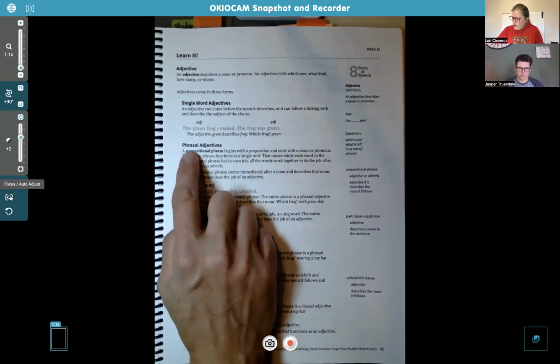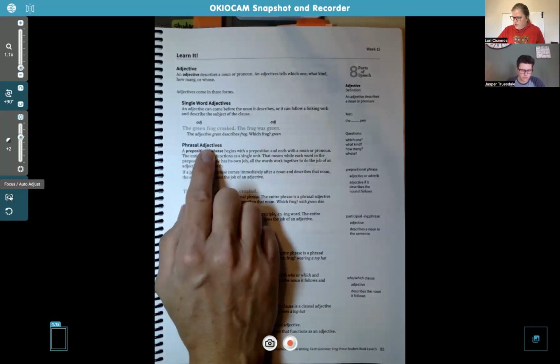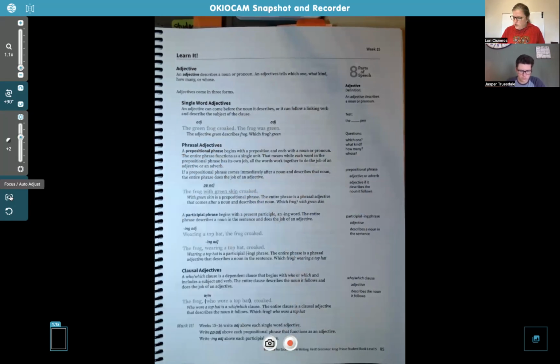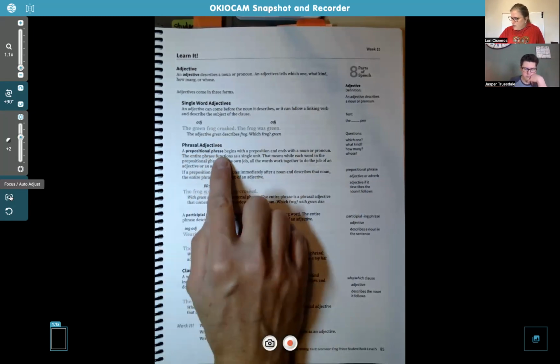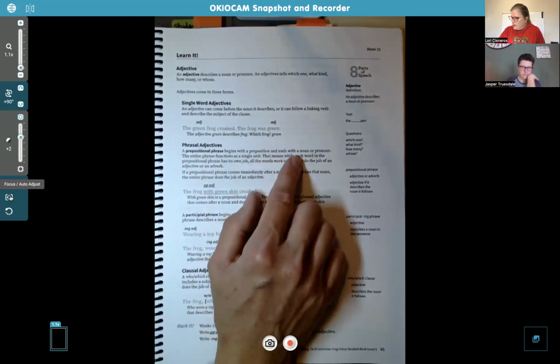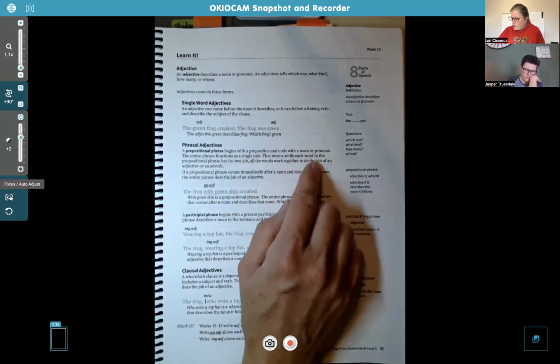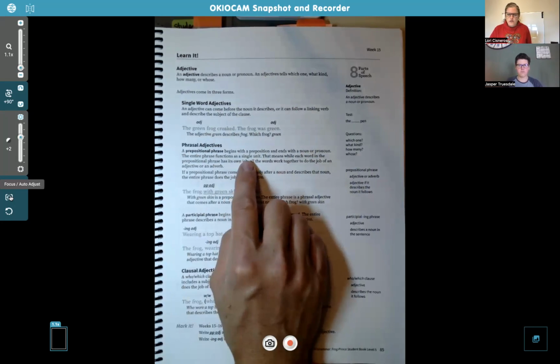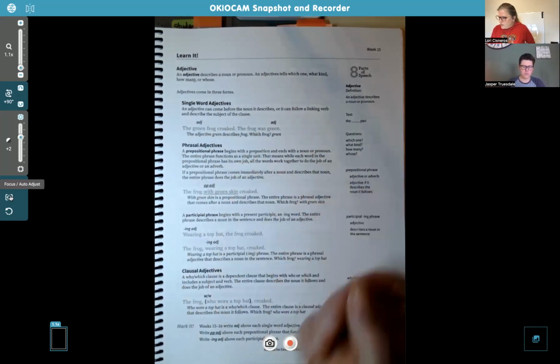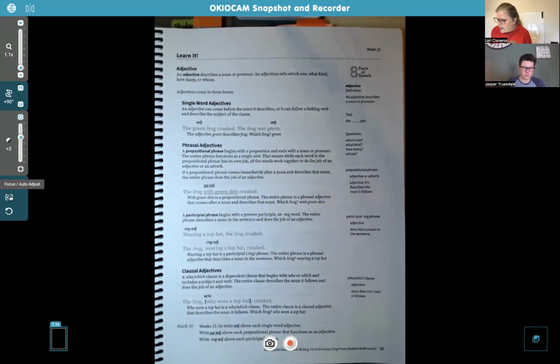And then we've got phrasal adjectives. This is what might be a little bit new to you. You already know prepositional phrases, and it begins with a preposition and ends with a noun or pronoun. The entire phrase functions as a single unit. That means while each word in the prepositional phrase has its own job, all the words together do the job of an adjective or an adverb.